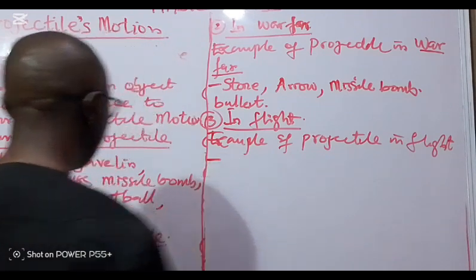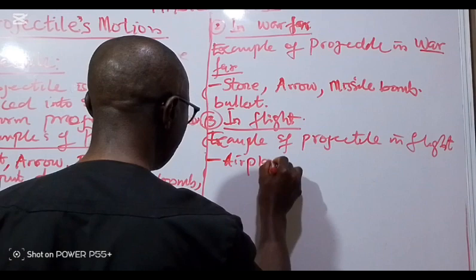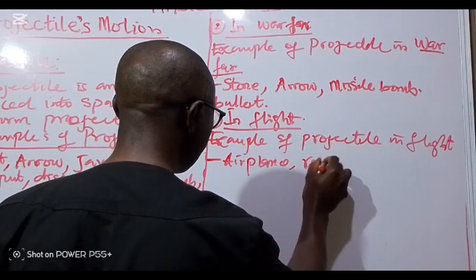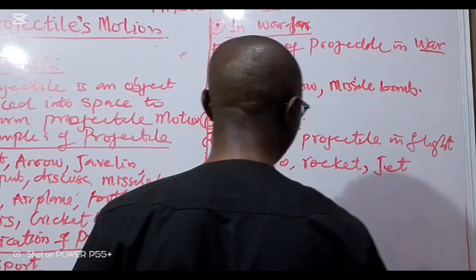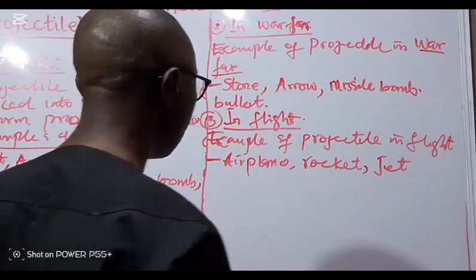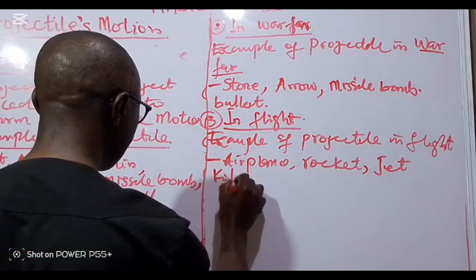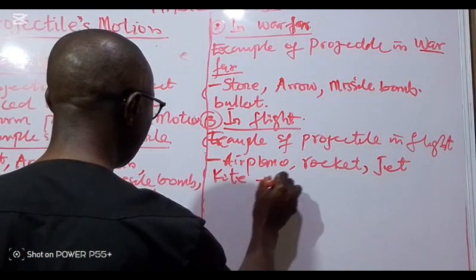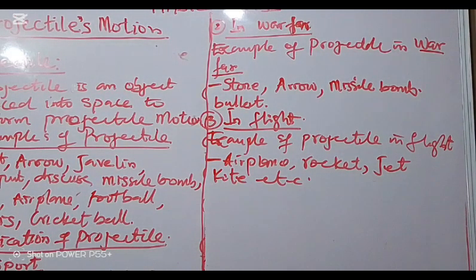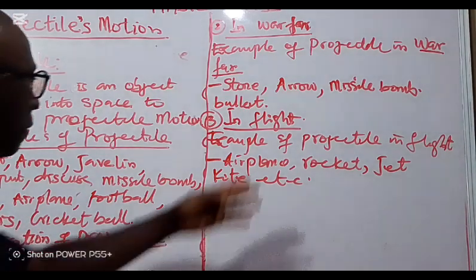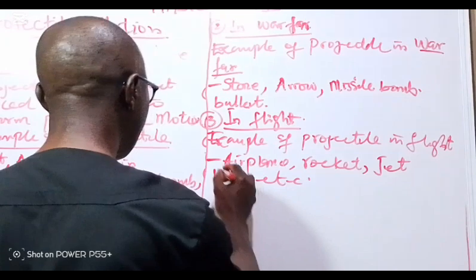These are airplane, rocket, jet, then kites, etc. So these are the possible examples that we can use in flight: airplane, rocket, jet, and kite.